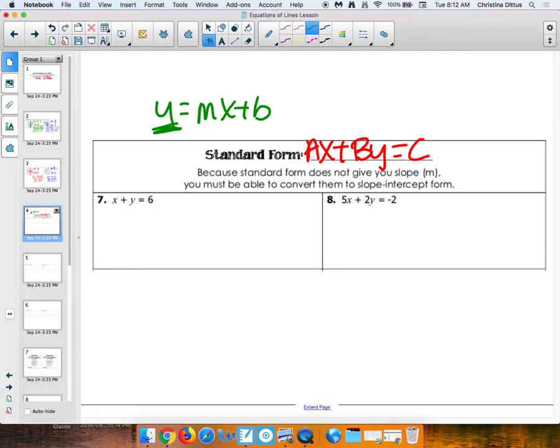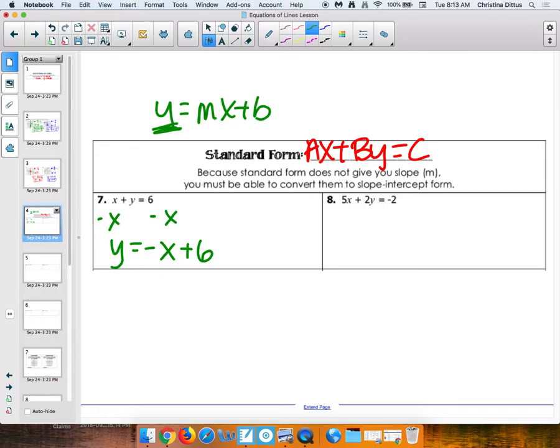Looking at number 7, x plus y equals 6, how do I get y by itself? Subtract x. So I get y equals, can I take 6 and x and combine them? No. I'm going to put my negative x first, because that is what my slope-intercept form looks like.